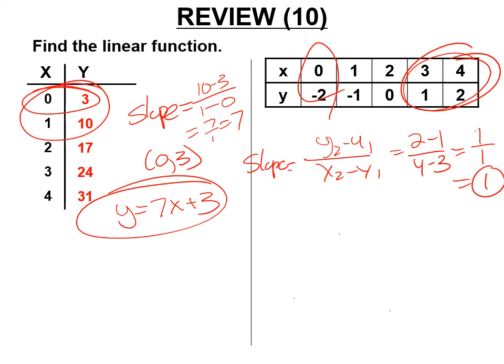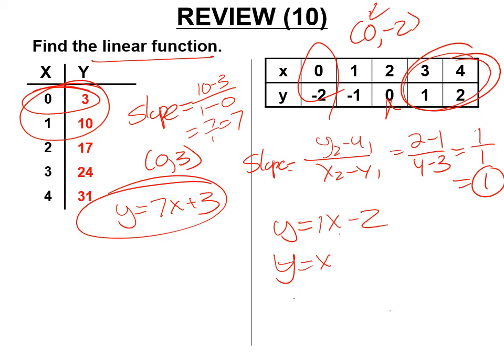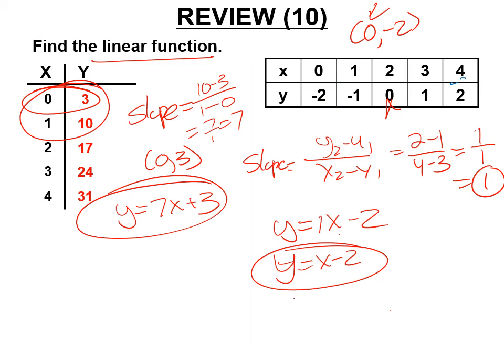There it is. It's not this one, right? A y-intercept is the one that starts with 0. Be careful. So what's the equation? We have to find the linear function. Y equals 1x minus 2, but we don't write that, right? We write y equals x minus 2. Well, what does that equation mean? It means the y-coordinate is always 2 less than the x-coordinate.